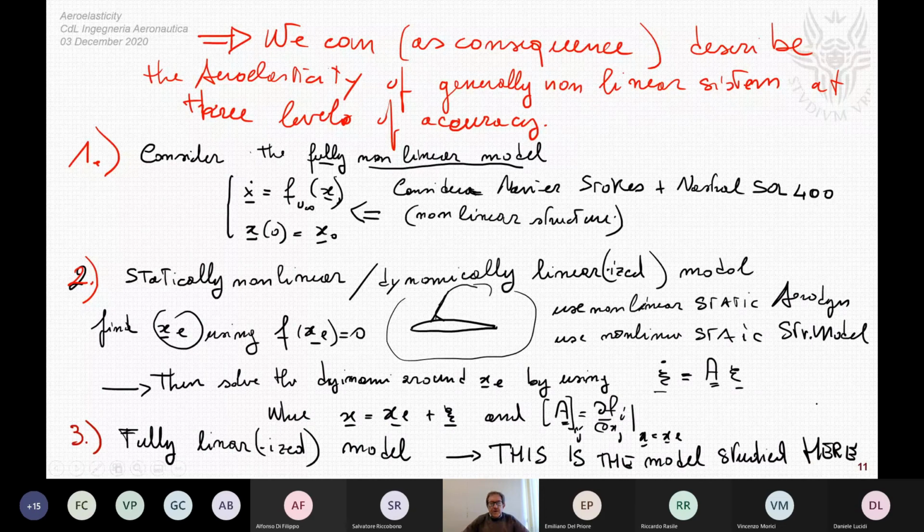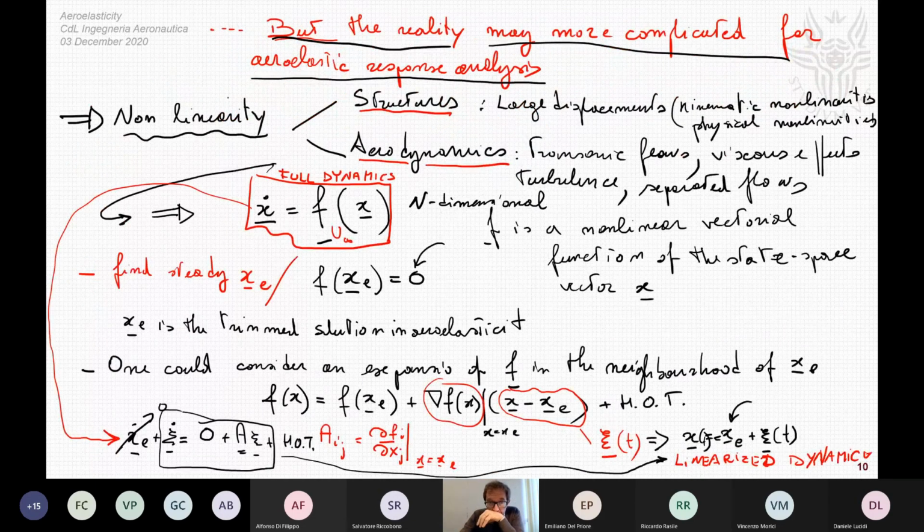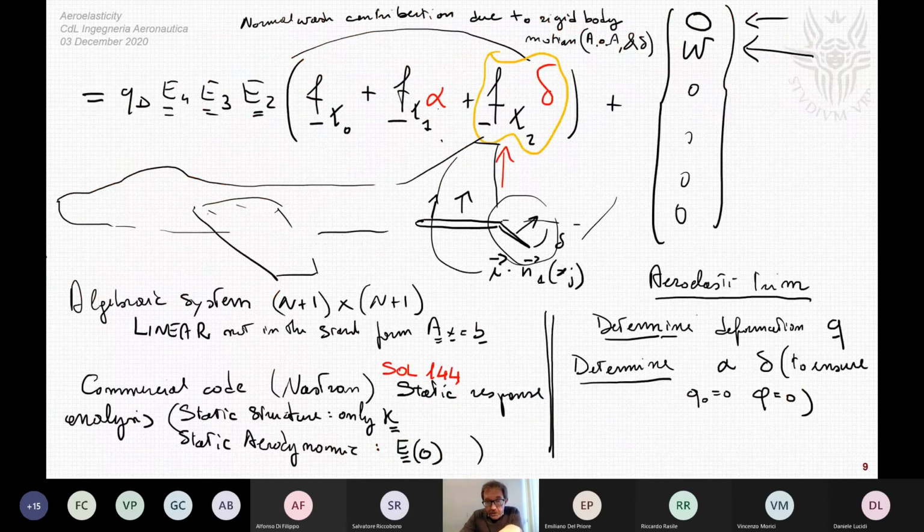Here in this course, I want to open your mind on this kind of modeling, because in the previous theory concerning the static aeroelastic response, we found an equilibrium solution for the aircraft in the flow, but including only linear models.